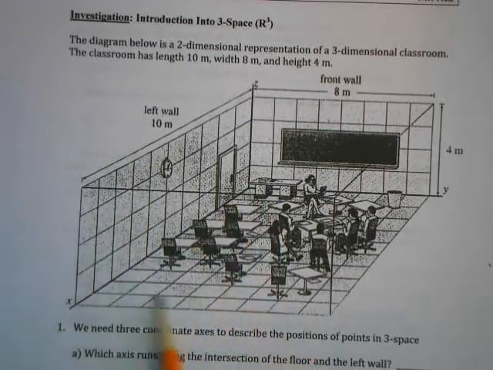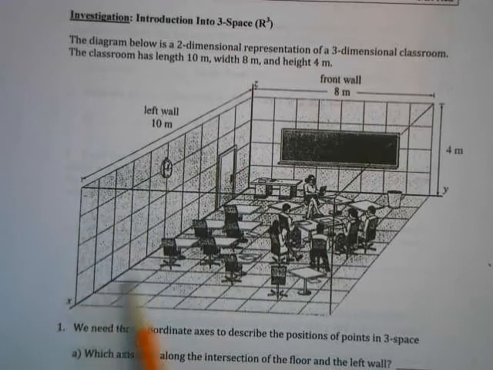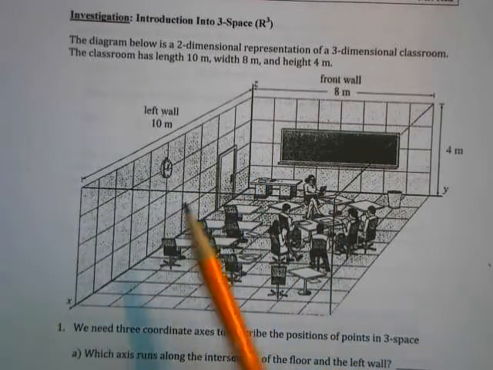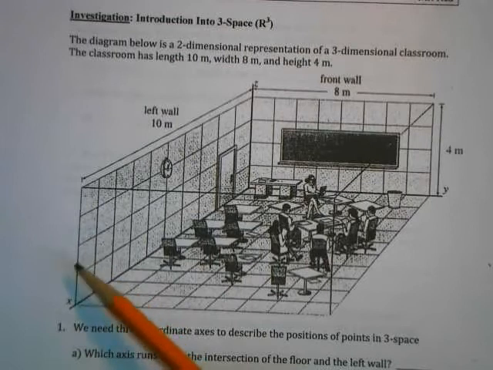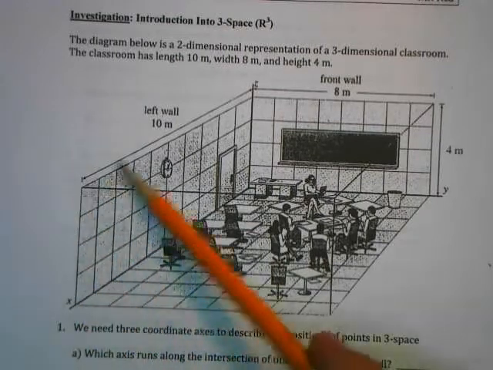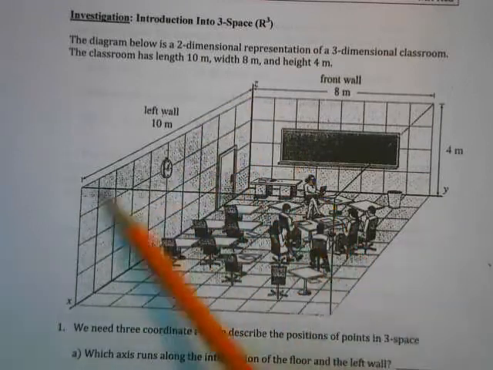And so you can see the classroom here. Here's the floor. We've got the left wall over here, the front wall there, desks on the floor, things on the wall. And it's given us some measurements here. It says that the length is 10 meters, so that's the left wall. Okay, so the left wall is 10 meters long.